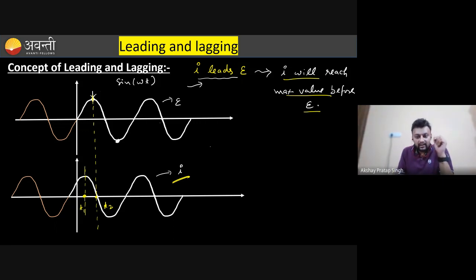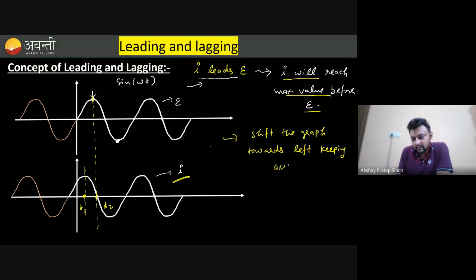Or one more punchline that I can make here: if you want to draw a graph which is leading, then what you can do is shift the graph towards left, keeping the axis stationary.